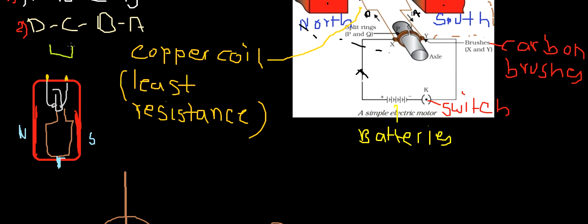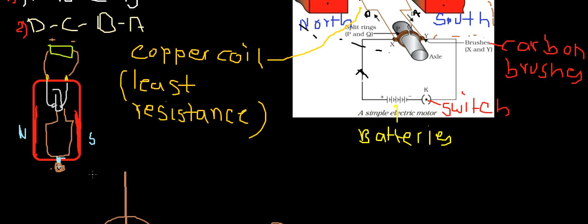So if this is my battery, we connect it through the connecting wires, one end here and another end there. If this is my positive and this is my negative, we connect, and then it starts rotating like this.